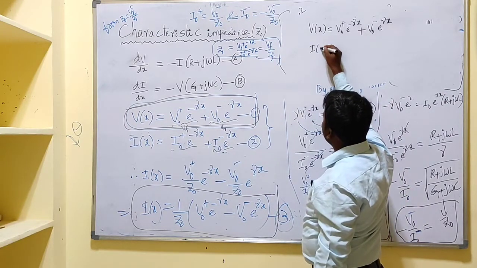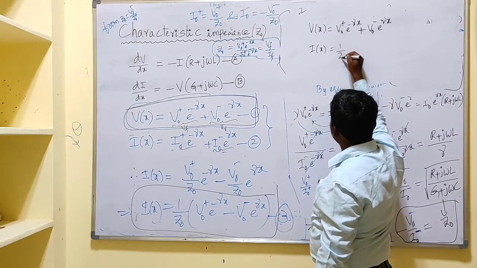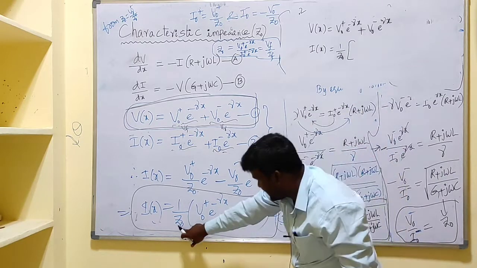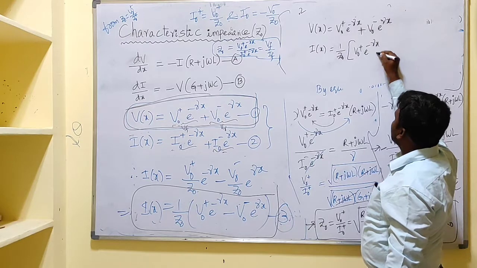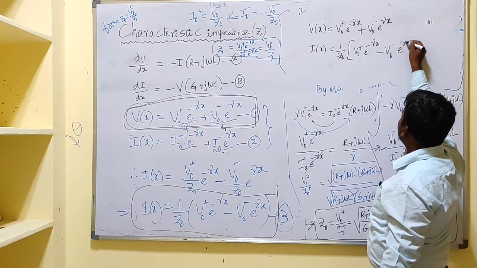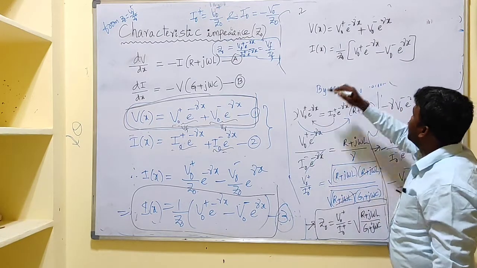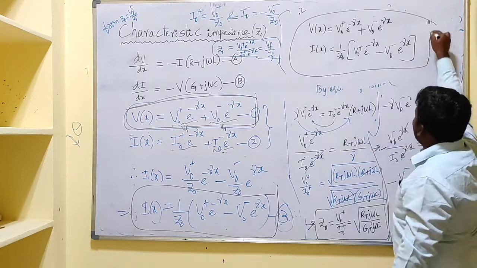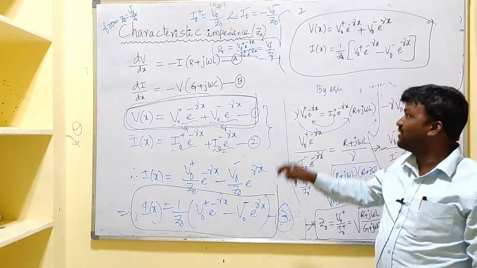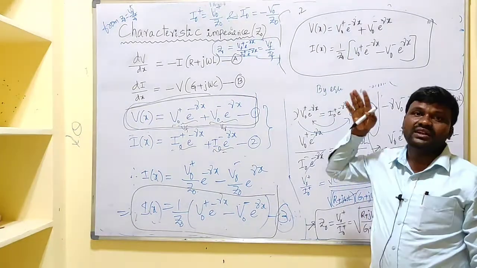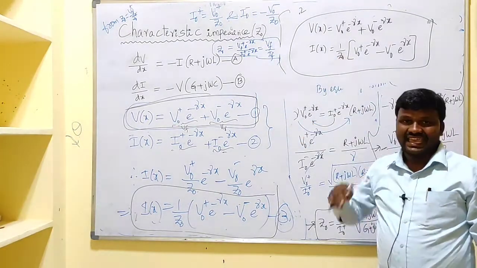And I of x can be written as 1 by Z naught into V naught plus e to the power minus gamma x minus V naught minus e to the power gamma x. These are the new transmission line equations for the voltage and current, functions of x.